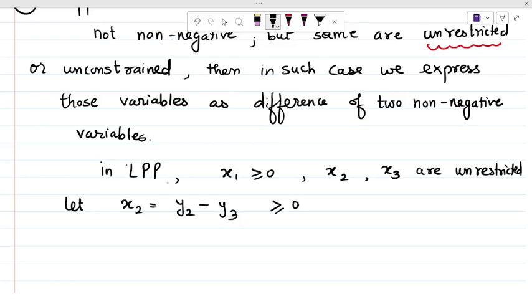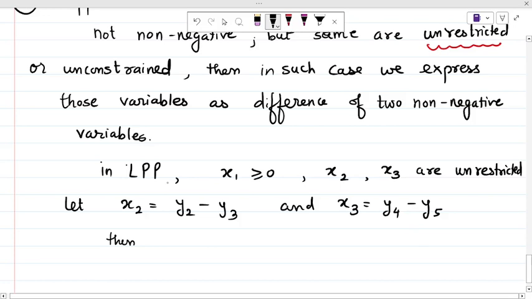And x3 I'll express as y4 minus y5, and then I say y2, y3, y4 and y5 all are greater than or equal to 0.